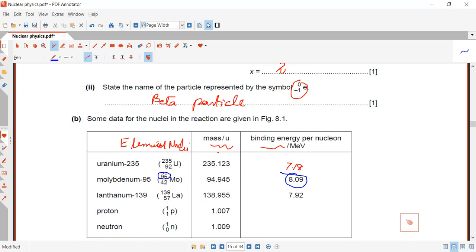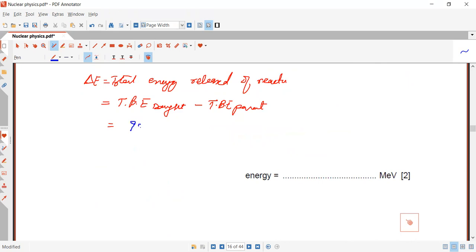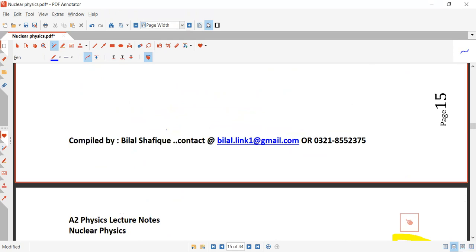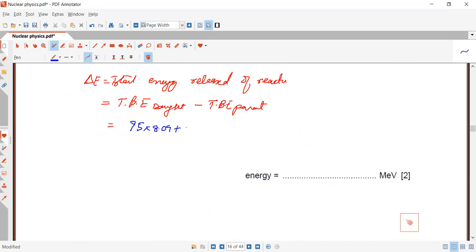So 95 times 8.09 plus, now let's talk about lanthanum, 7.92 times 139. That is the total binding energy of the daughter nuclei, minus the total binding energy of the parent nucleus, which is 7.18 times the nucleons, 235.